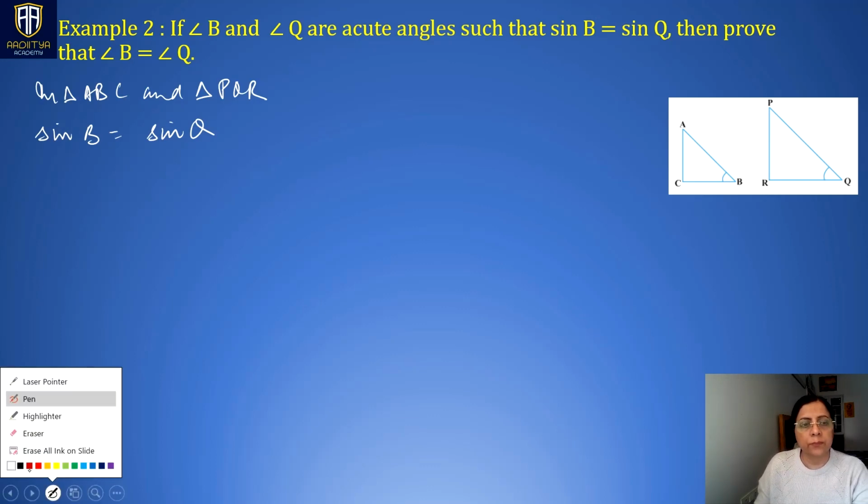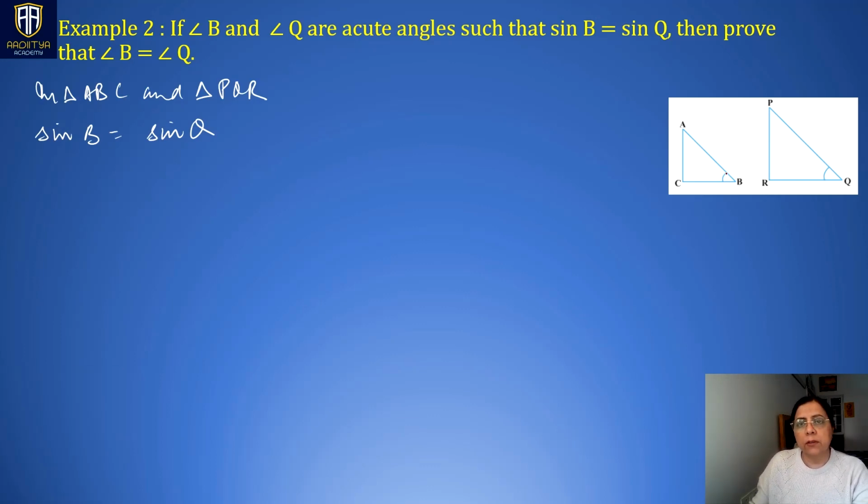mark this. See, if we are taking ratios about B, this is a right angle triangle, and this is the hypotenuse, which is fixed. Here it is a right angle, hypotenuse is fixed. Then we know that whatever angle we take, that angle is formed between the base and the hypotenuse.